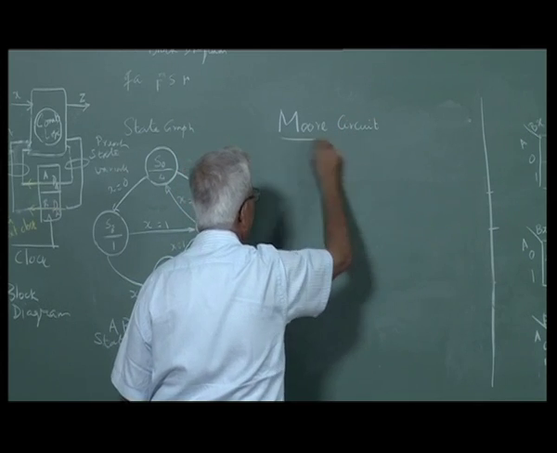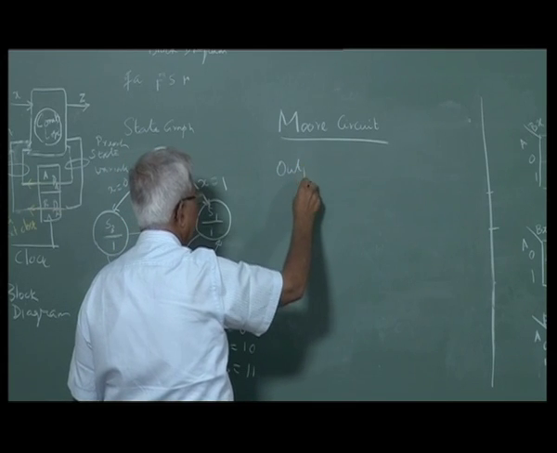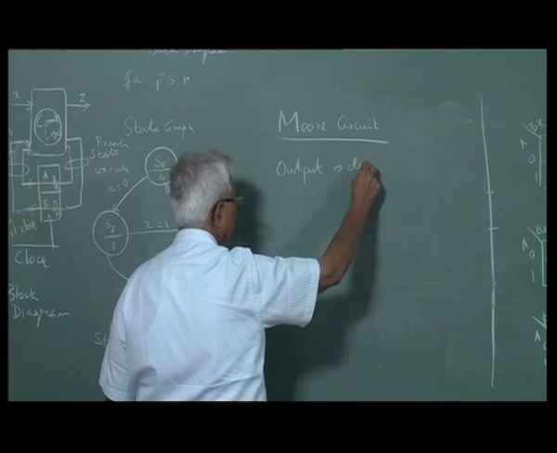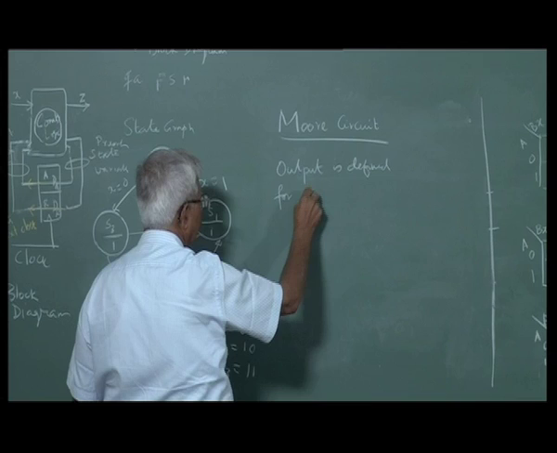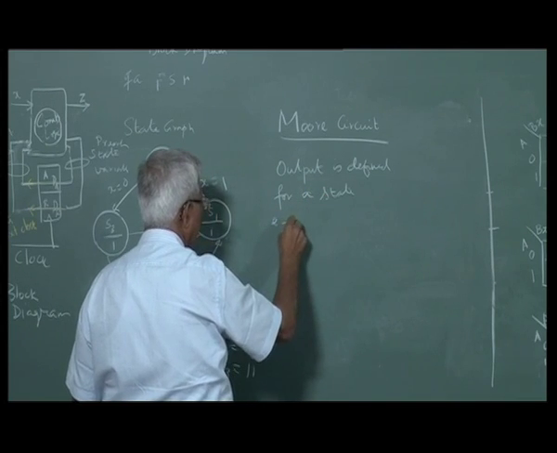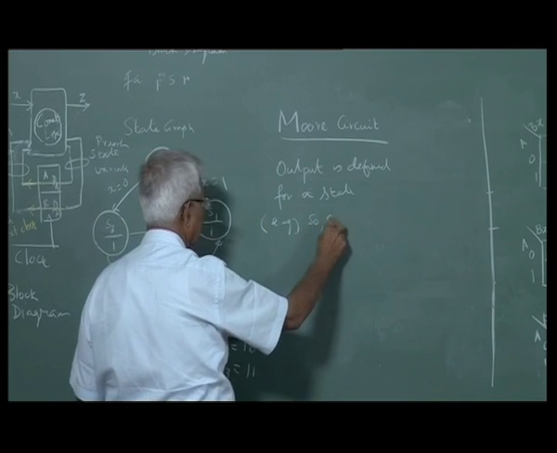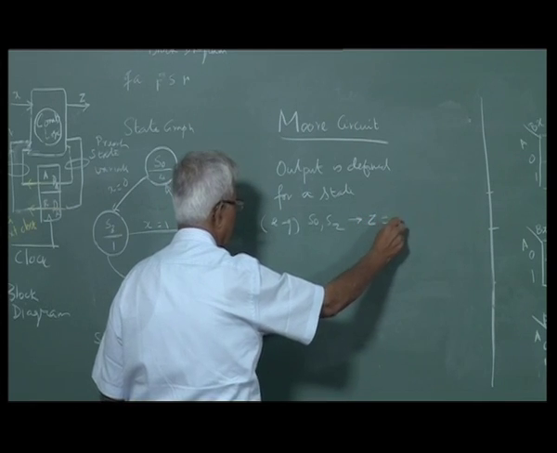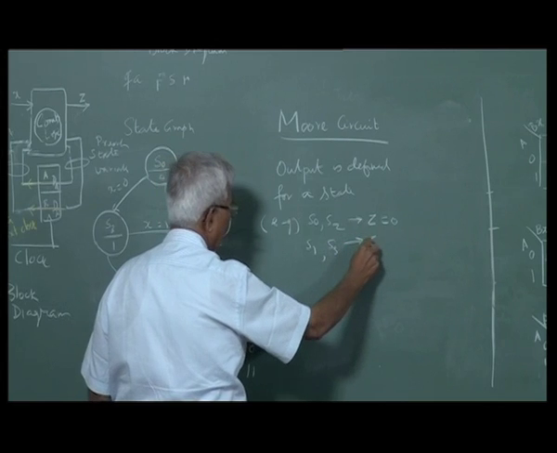Moore circuit is a circuit in which output is defined for a given state. Example, in this case, S0, S2, 0 output, S1, S3, 1 output.